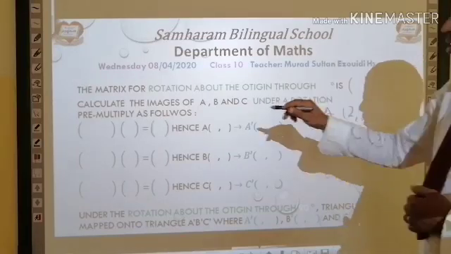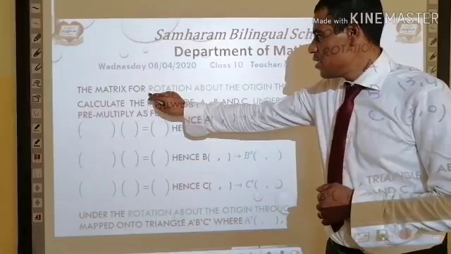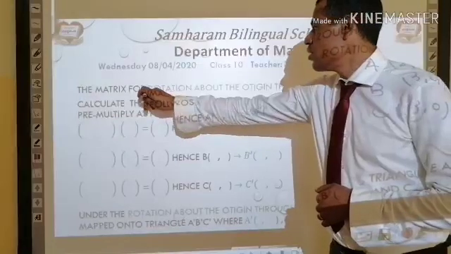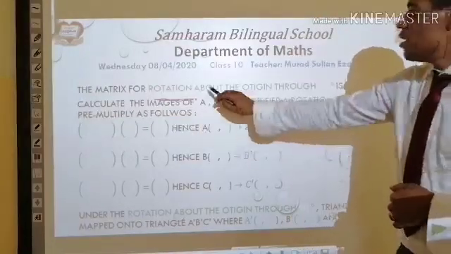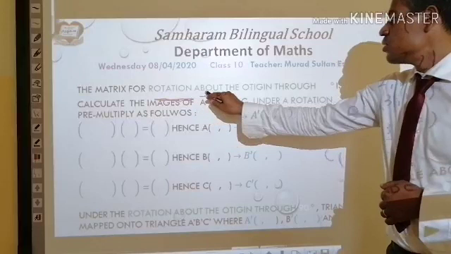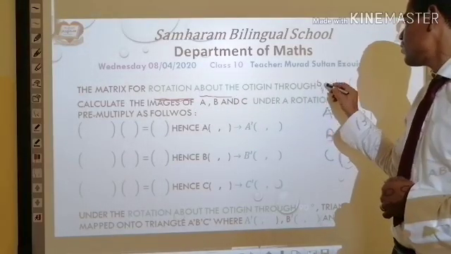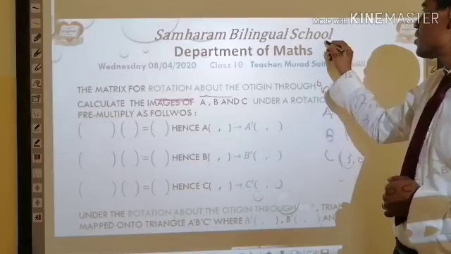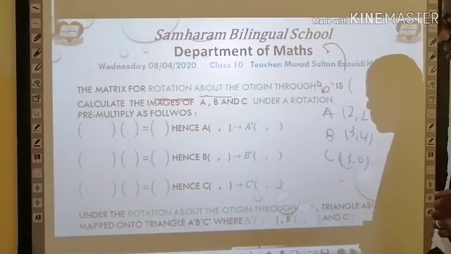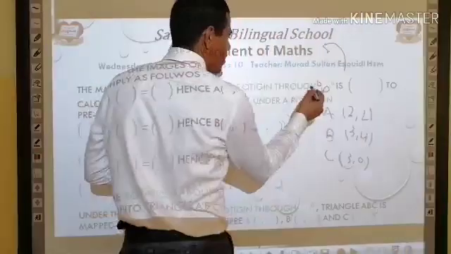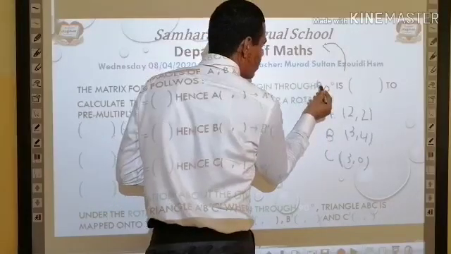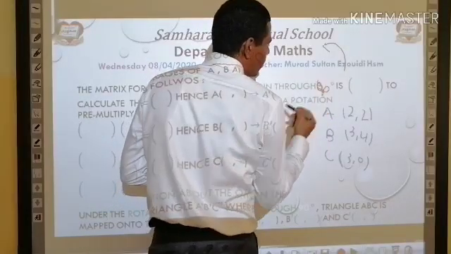The key words are: the matrix for rotation about the origin through 90 degrees. Be careful, of course, counterclockwise or anticlockwise. This is 90 degrees.